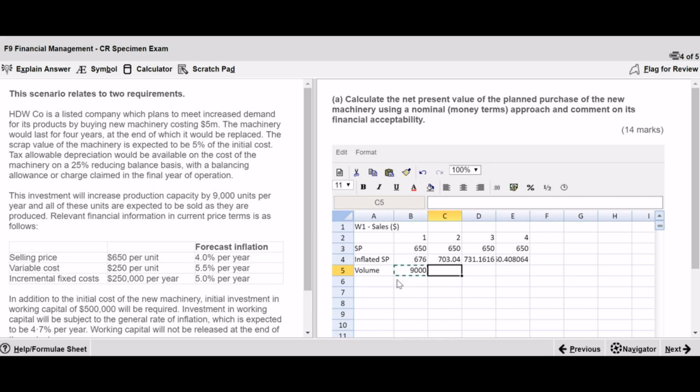I'll just again copy. And finally, I can work out the total sales here, which will be the B4 times B5. And we can just drag this forward and we have all the sales.